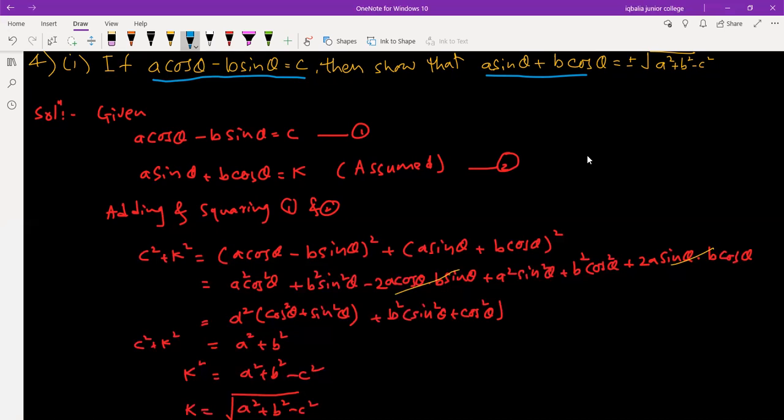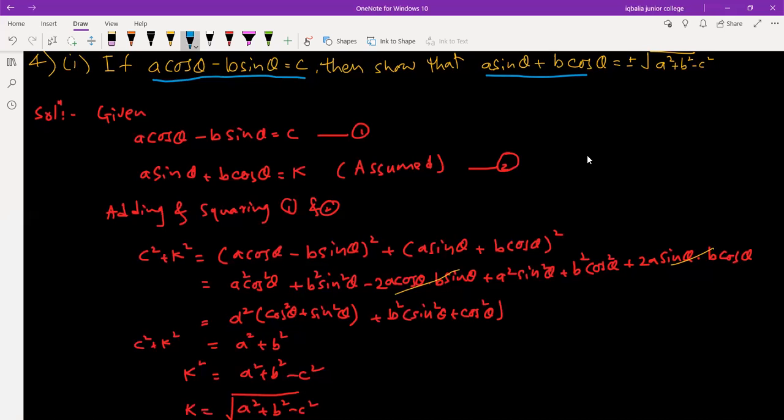After opening the bracket, this will be A square cos square theta plus B square sin square theta minus 2A cos theta B sin theta, and after opening the other bracket you will have A square sin square theta plus B square cos square theta plus 2A sin theta into B cos theta.